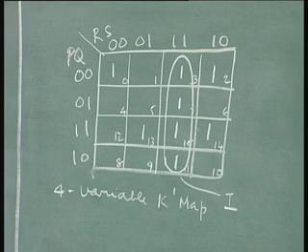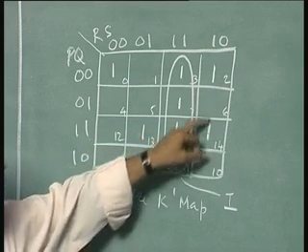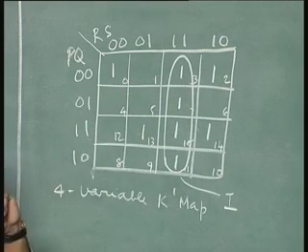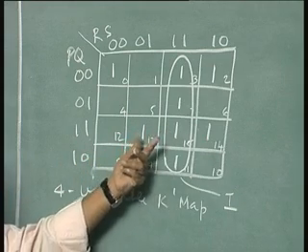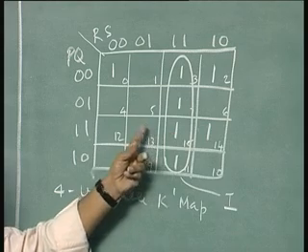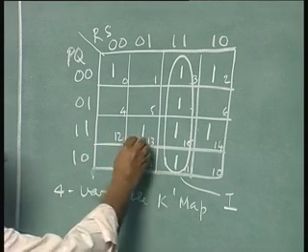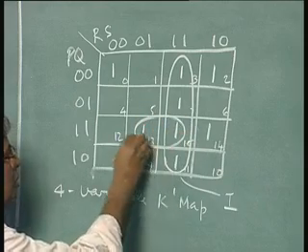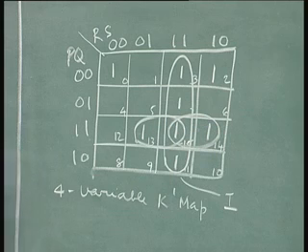Then we have these two ones, there are 4 ones available here, all of them will be combined. I can't see this one being combined any way other than this, because all other adjacent cells are blank. So, this has to be combined this way. So is the case here.